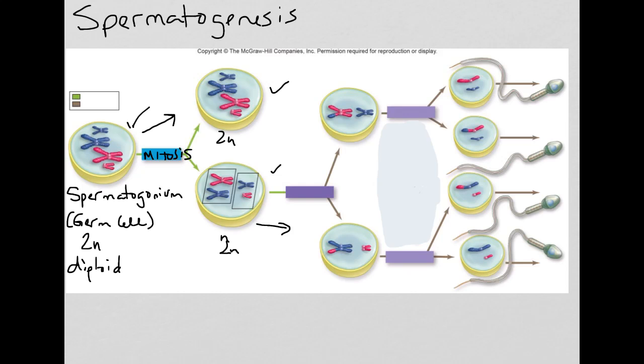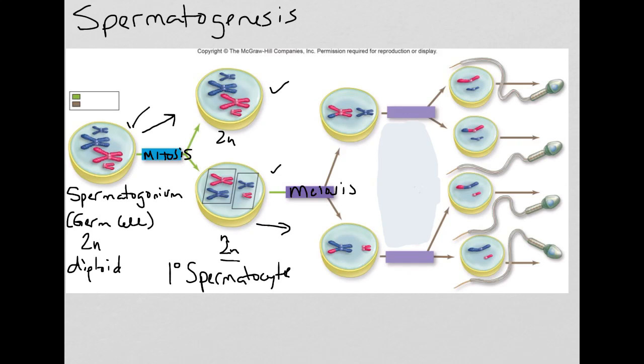All right, so if they do get the signal to go through meiosis, we will call that cell that's going through meiosis the primary spermatocyte. So a primary spermatocyte is a 2N cell. It is diploid.